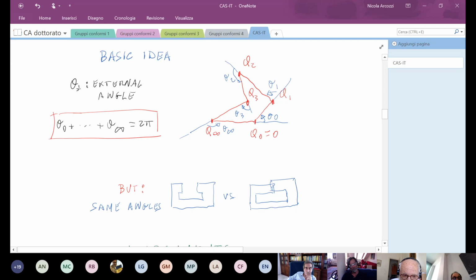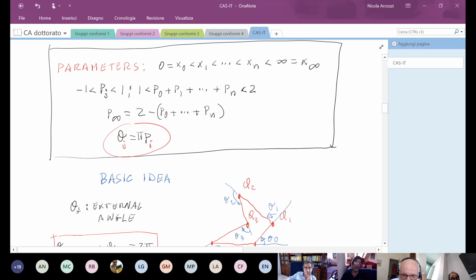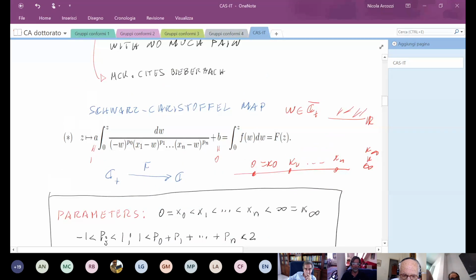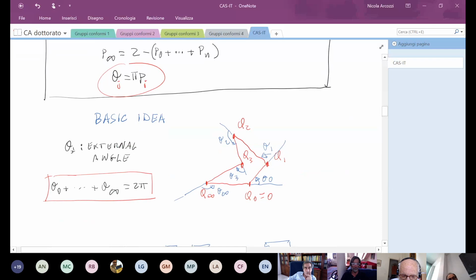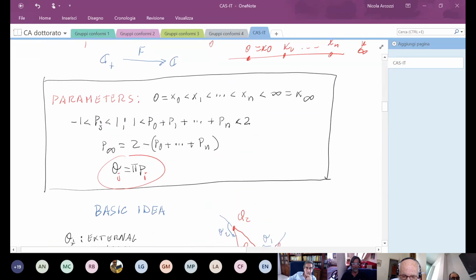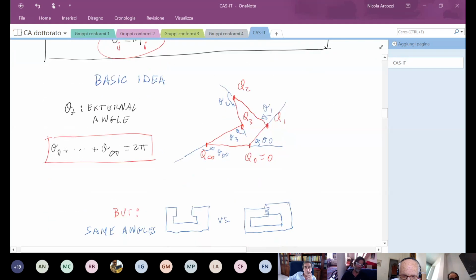Okay. So what we want to show is that this map of Schwarz-Christoffel maps into something like this, where these angles theta j are p j times pi. That's okay.